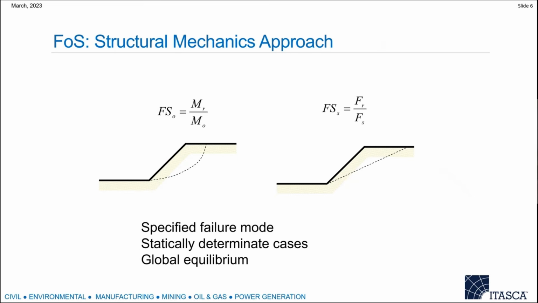In these slides, it shows the factor of safety calculation in the classical method. It depends on how we define the failure mode. For example, in the first one, we assume that the failure will be along a curved path. And in the second figure, we assume that the failure is along a straight line.